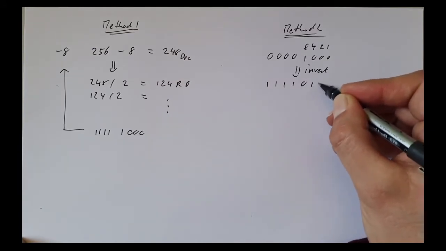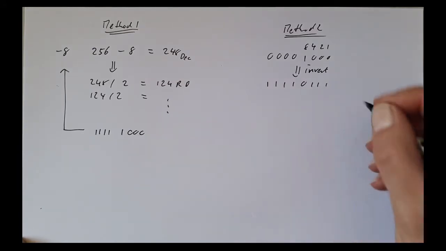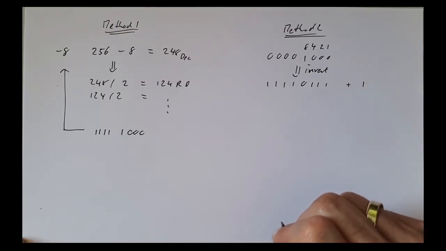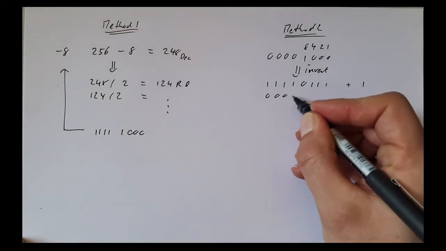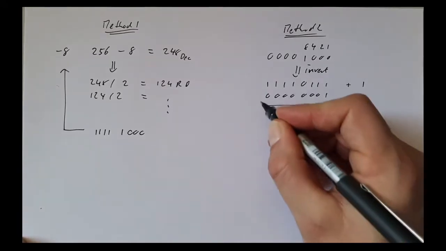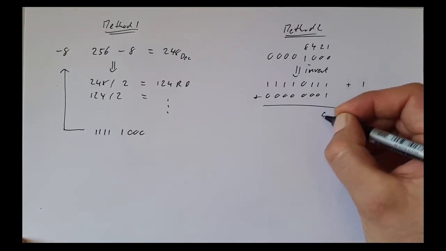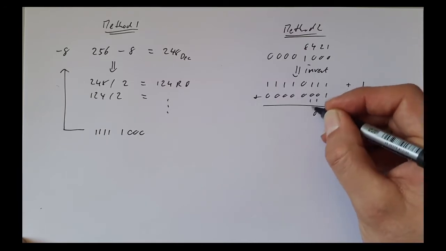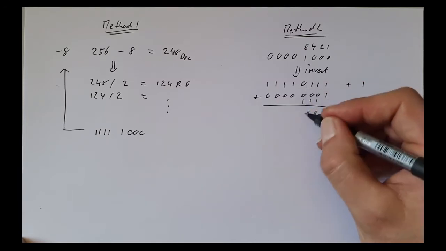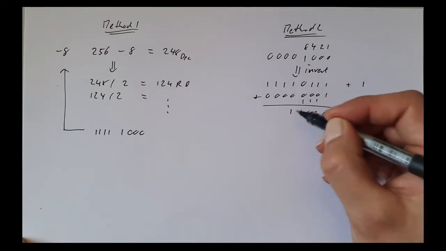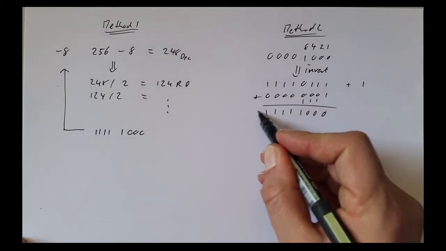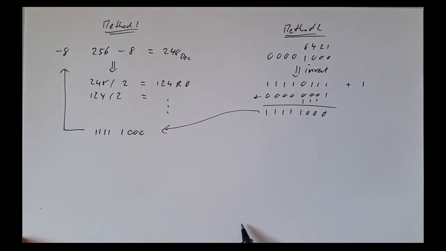And if you have 1, it will become 0. And then you add 1, which means 1 plus 1 is 0, carry over 1, 1 plus 1 is 0, carry over 1, 1 plus 1 is 0, carry over 1, 1 plus 0 is 1. 0 plus 1 is 1, and so on. So this is again the binary number in two's complement.